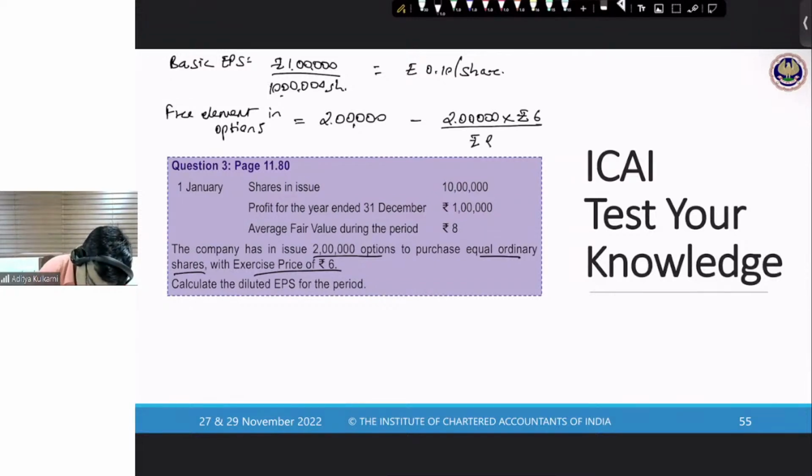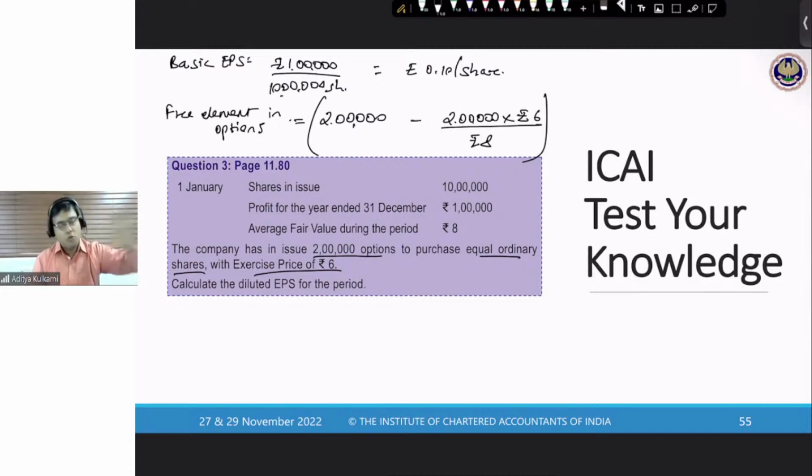But at the fair value of rupees 8, what will be the actual number of shares based on the average fair value? Well, 12 lakhs divided by 8. So that is going to be 1,50,000.